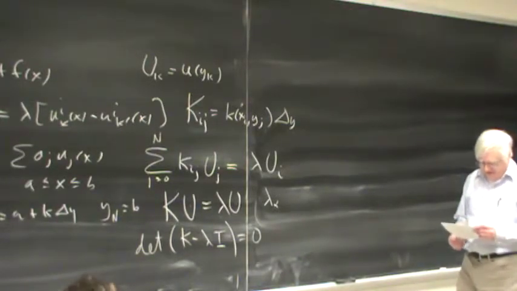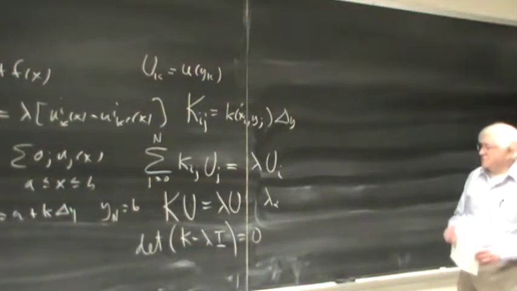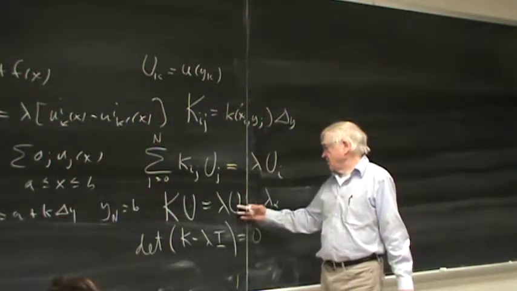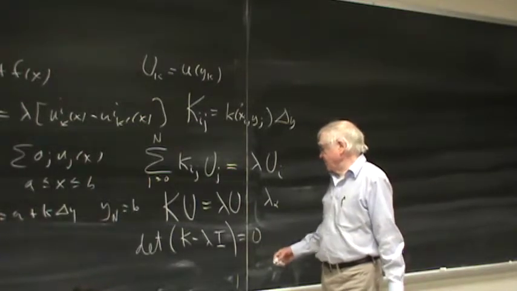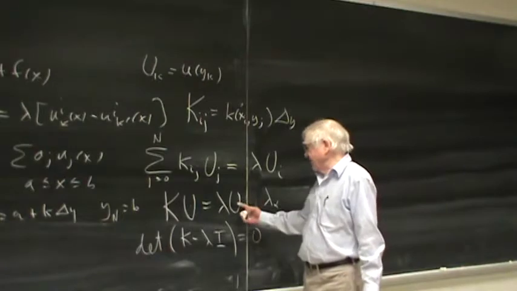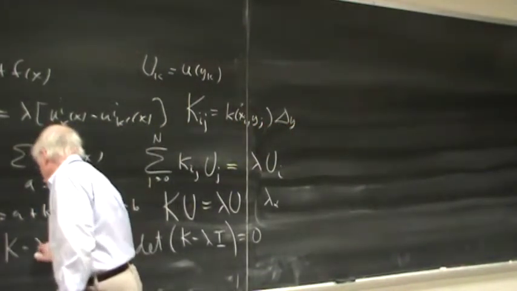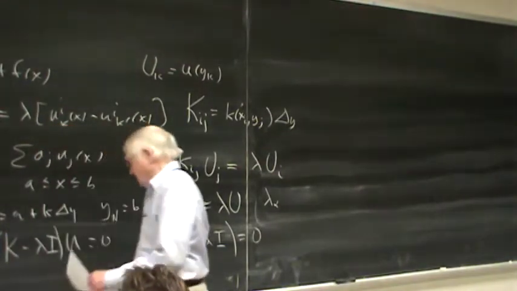But anyway, you find whatever they are, and then you can find the eigenvectors such that K minus lambda I u is equal to 0.